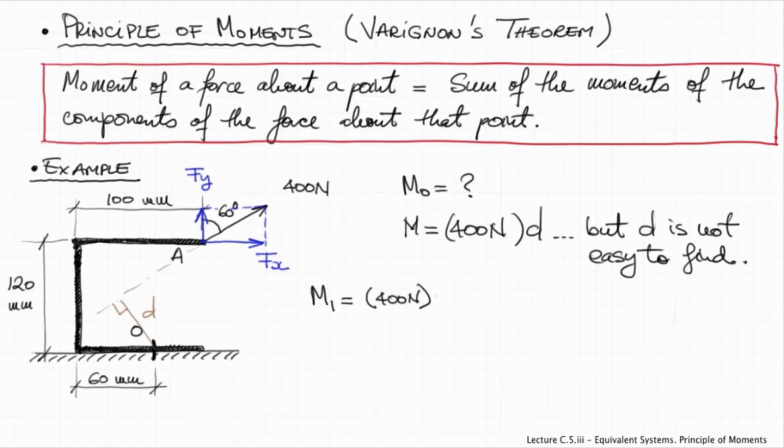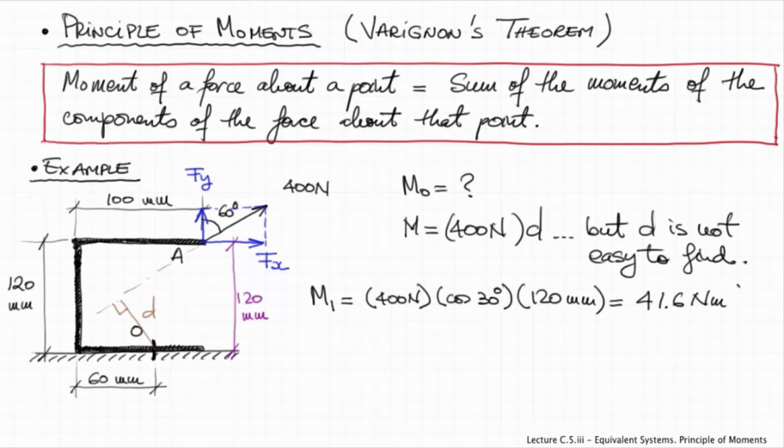We're going to call this M1. 400 newtons times cos 30 degrees gives you the magnitude of Fx, and the moment arm for Fx, the distance from Fx to point O, is 120 millimeters, as you can see in purple.